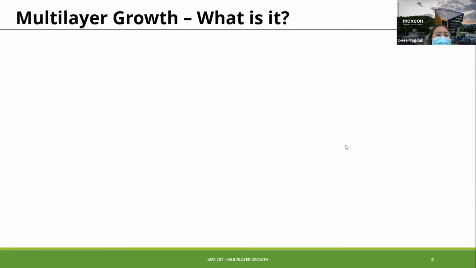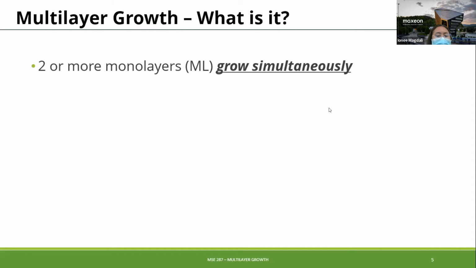So what is the multilayer growth? As mentioned earlier by Bing, she captured this already. The multilayer growth is the growth mode in which two or more monolayers, or ML, grow simultaneously. Comparing it to the layer by layer growth, this one is the growth of the ML simultaneously.